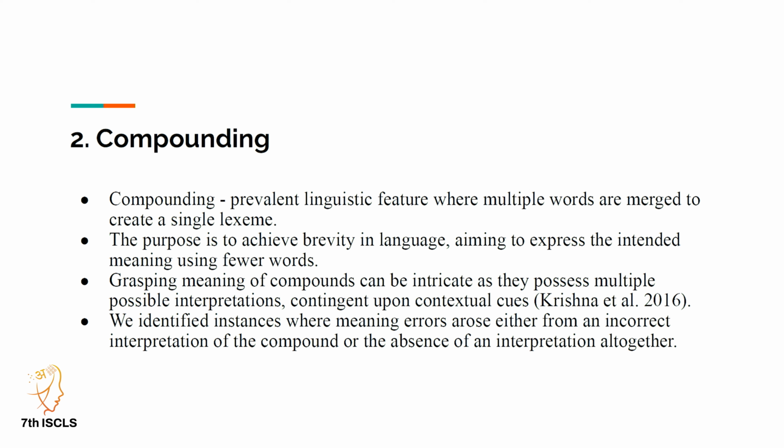The next category was compounding. Compounding, as we all know, is a prevalent linguistic feature where multiple words are merged to create a single lexeme, and the purpose is to achieve brevity in language, aiming to express the intended meaning in fewer words. Grasping the meaning of a compound can be intricate because they possess multiple possible interpretations, and especially because they are dependent on contextual clues.